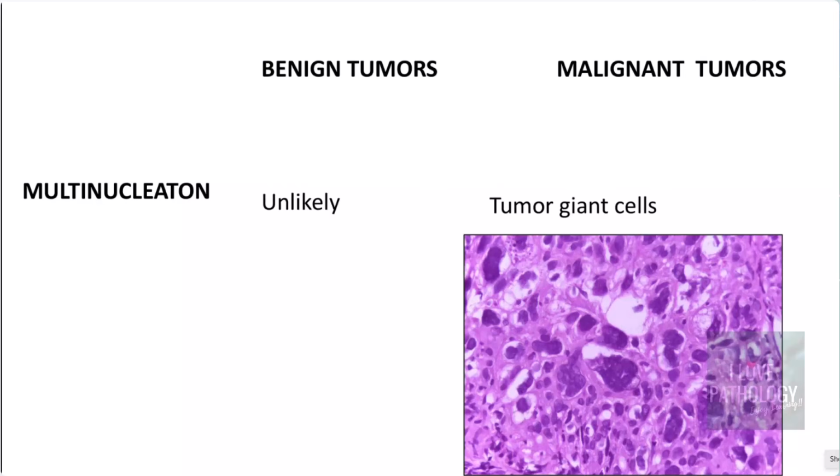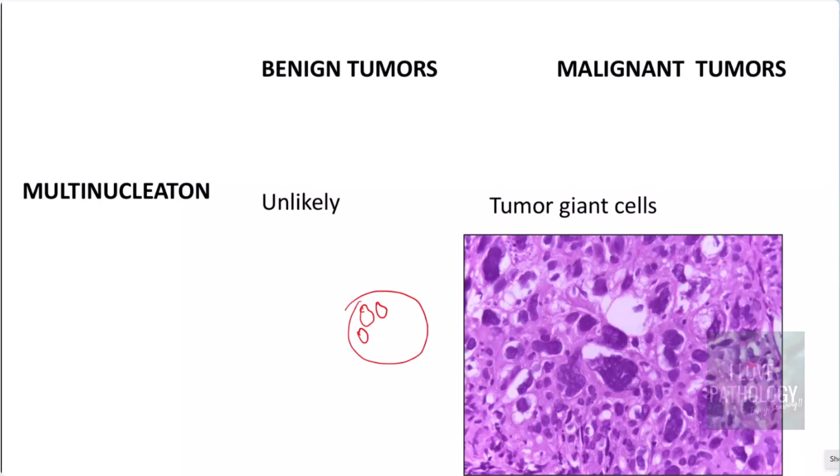Multinucleation is very common in malignant tumors, and these tumor cells are called tumor giant cells. Remember, how do you differentiate between a tumor giant cell and a giant cell in infection, say, for example, a Langhans giant cell? In tumor giant cells, you have multiple nuclei, right? That is why they are called multinucleated giant cells.